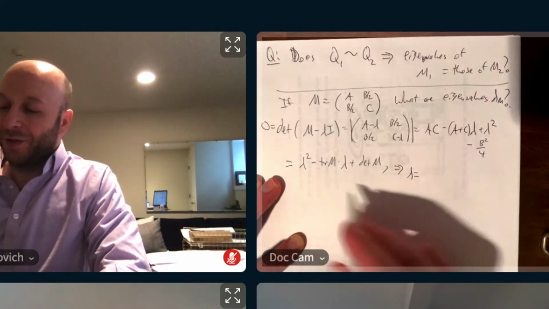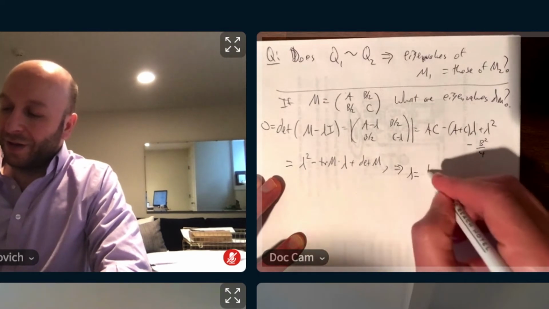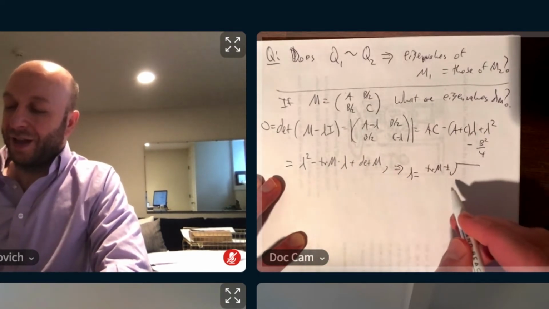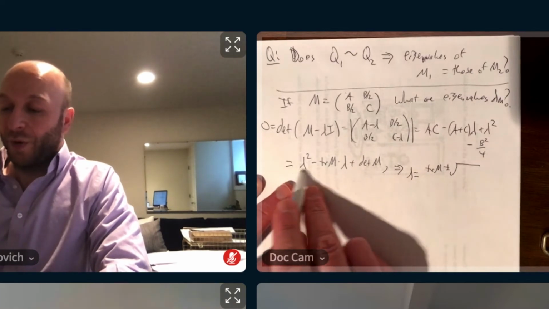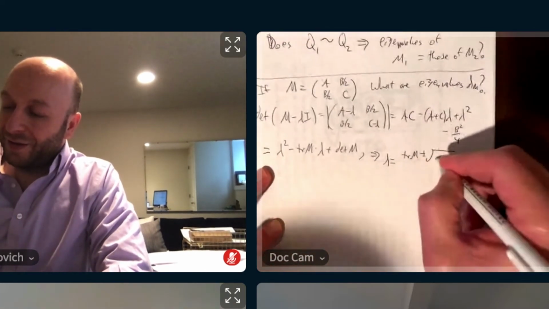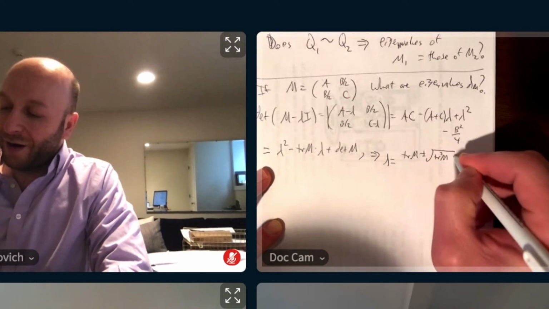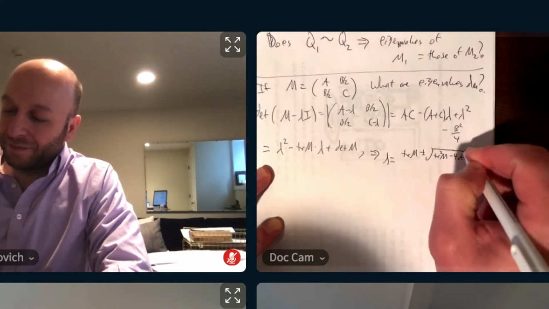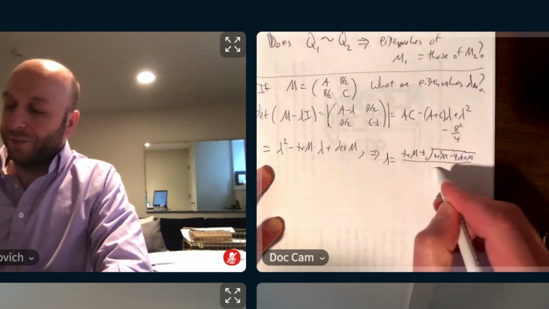Lambda is equal to the trace of M, plus or minus the square root of the discriminant, which is trace of M squared minus 4 times the determinant, all over 2.